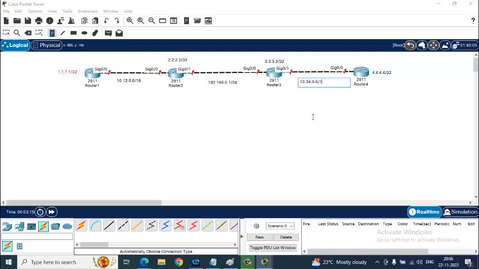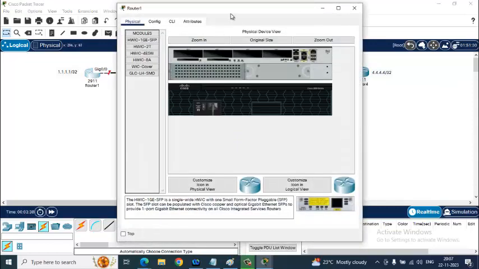Router 1 configuration, interface loopback 0. IP address, I'm saying 1.1.1.1. Mask is 32. For a loopback interface, we don't need to say no shutdown because it's a virtual interface we create. It is already up, automatically, because we only created it.